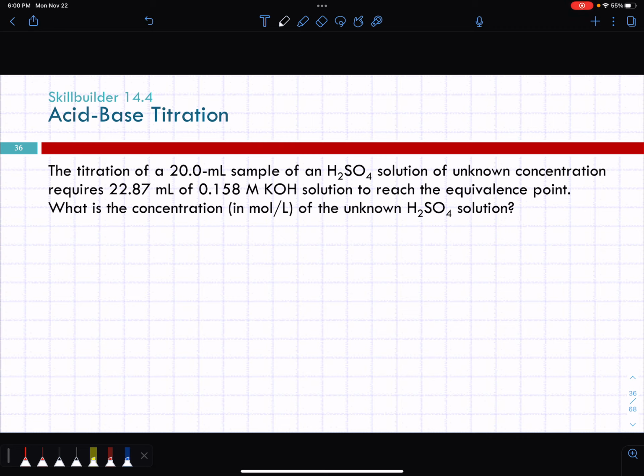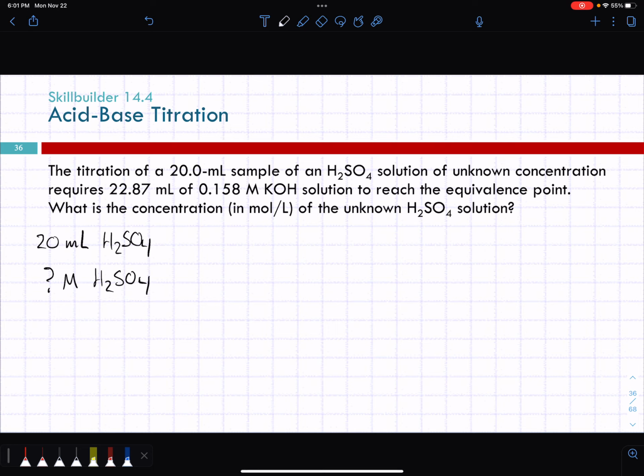All right, so titration problem. If we're titrating a 20 mil sample, 20 mils of H2SO4 of unknown concentration. So the molarity, capital M, of H2SO4 is unknown.